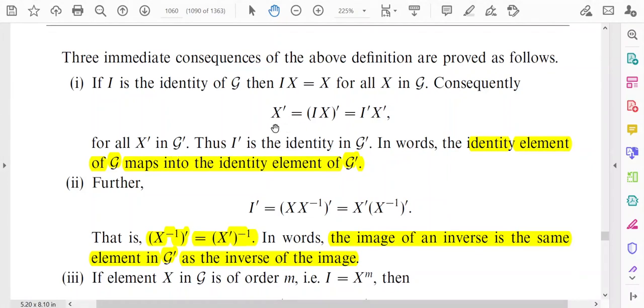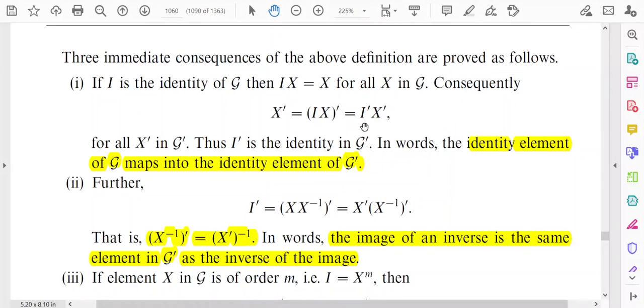So what is the meaning of this equation? In words, the identity element of G maps into the identity element of G', because I' is the identity in G'. If I is the identity in G, I' is the identity in G'. Why?